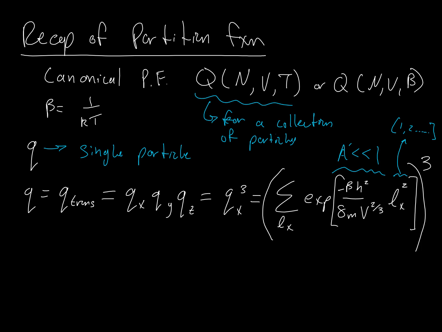Since that a value is so small, the spacings in between the individual energy levels or energy states is very, very, very small. So it's a waste of our time trying to actually add these things up individually. So instead, let's just approximate this as a continuous function. So we're integrating from 0 to infinity of the same function.